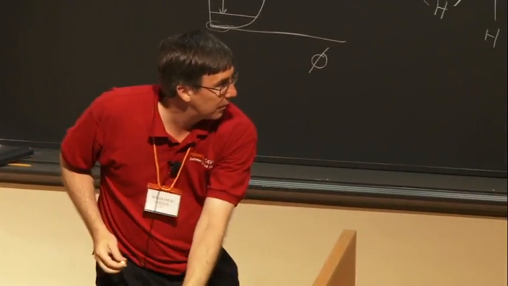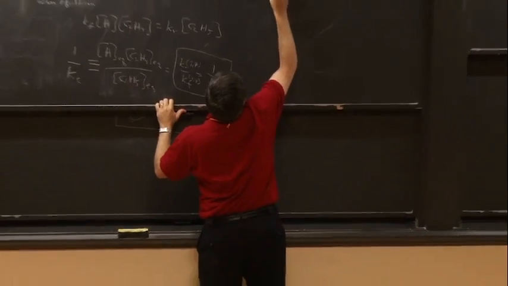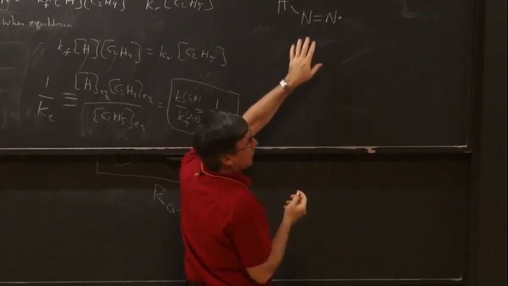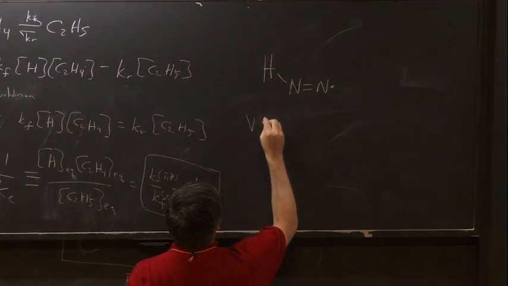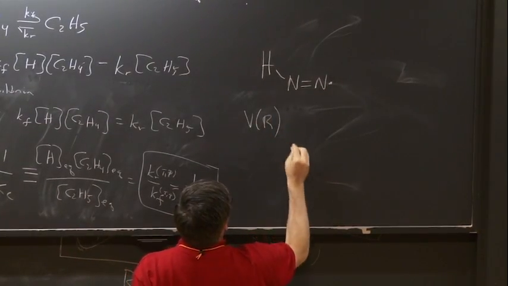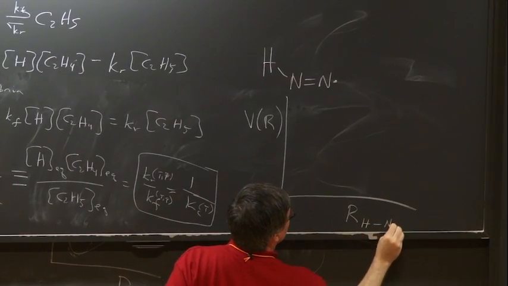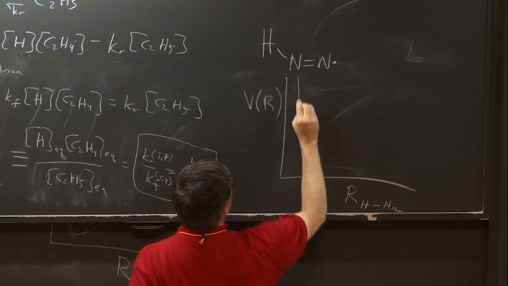There's actually a pretty fun case that's important in combustion. There's a really strange molecule, HNN, and this is not very stable. And what the potential energy looks like, so the H atom, this is the R for the H atom from the N2, it looks like this.